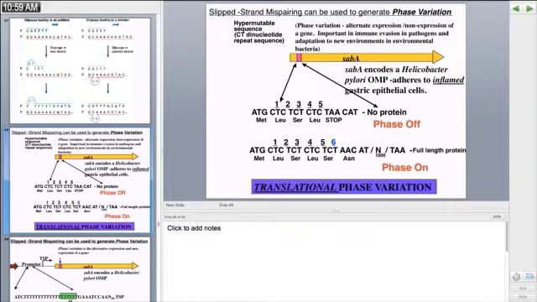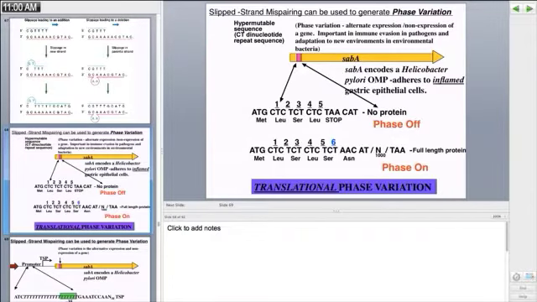Okay, we left off on Friday talking about how bacteria have evolved to take advantage of mutational events to help them survive varying environments.